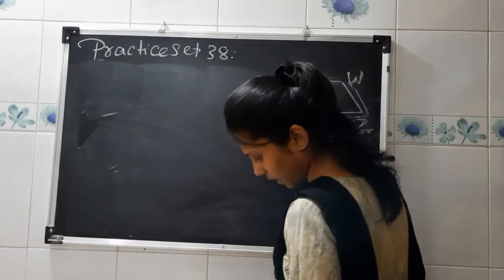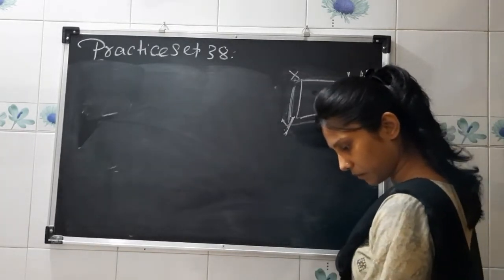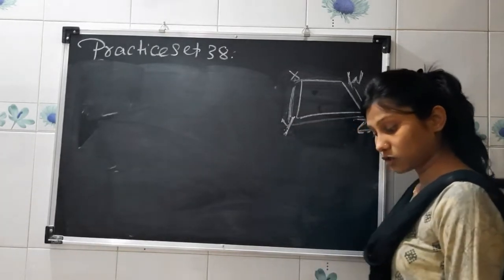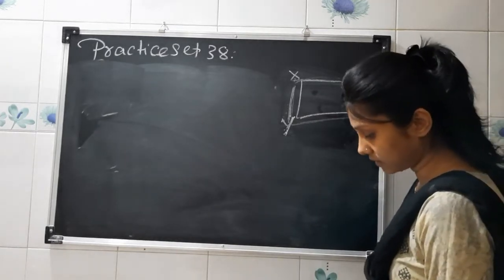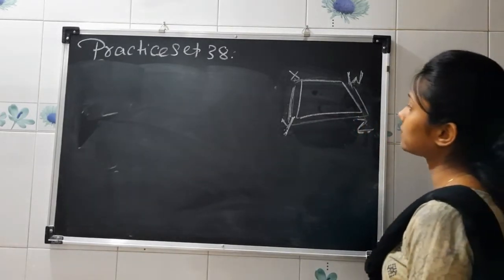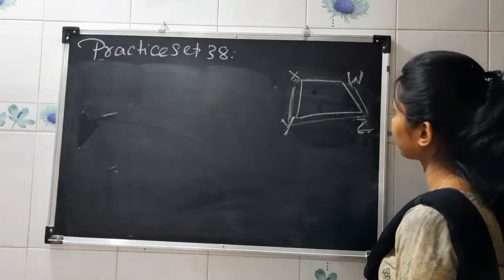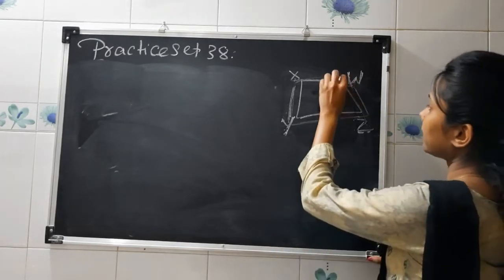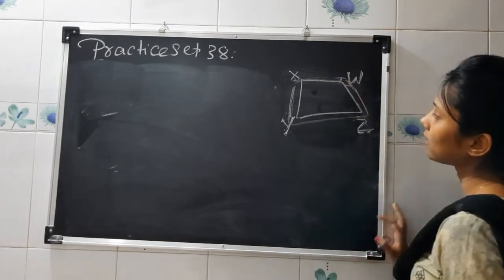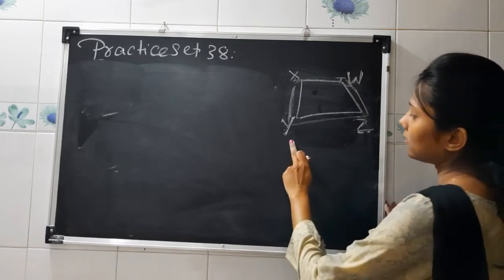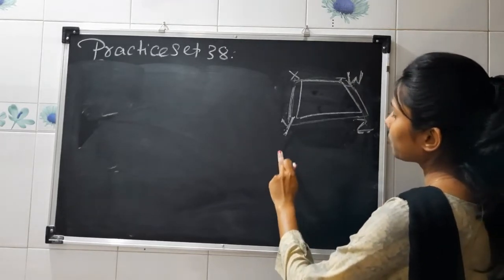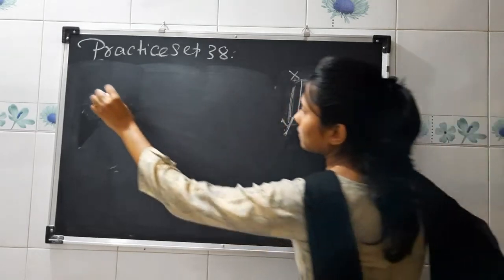Now the next, two pairs of adjacent angles. We have seen about adjacent angles of a quadrilateral yesterday.